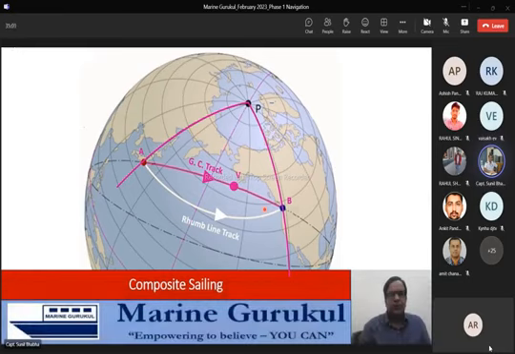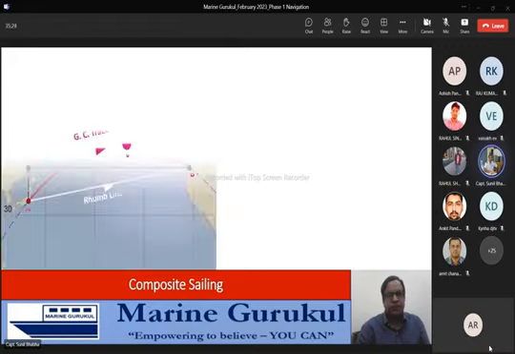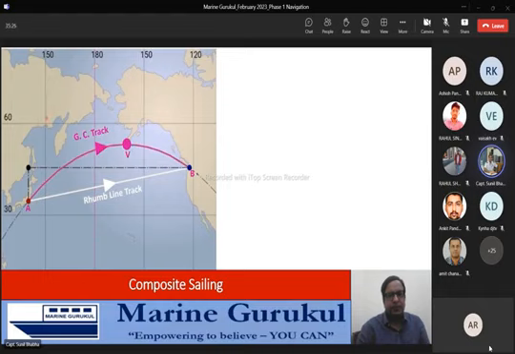And we can see that the rhumb line distance obviously is greater than the GC track, and therefore the preferred track shall be the GC track from A to B. For the sake of clarity, let us see how these two tracks, that is the GC track and the rhumb line track, would appear on a Mercator chart. Now this is how the tracks would appear on a Mercator chart.